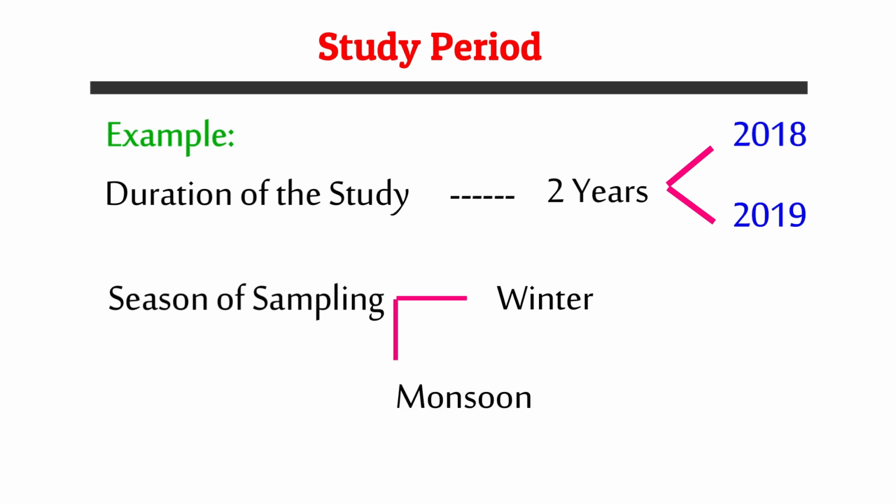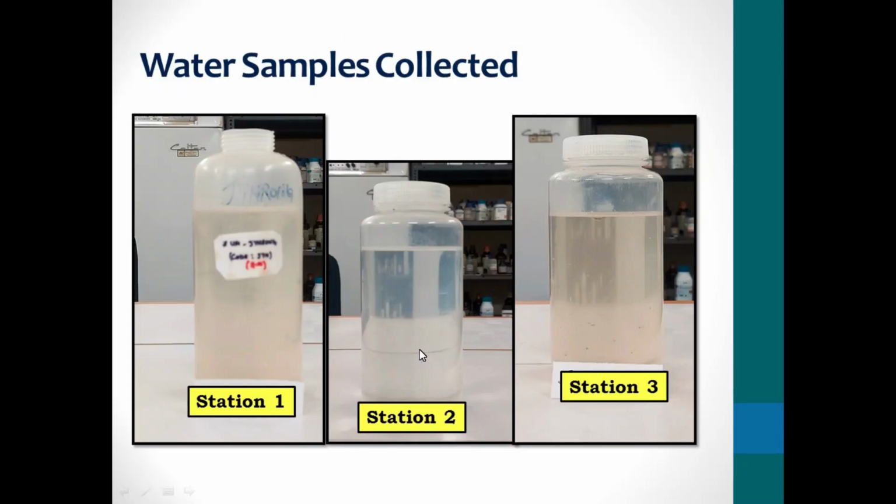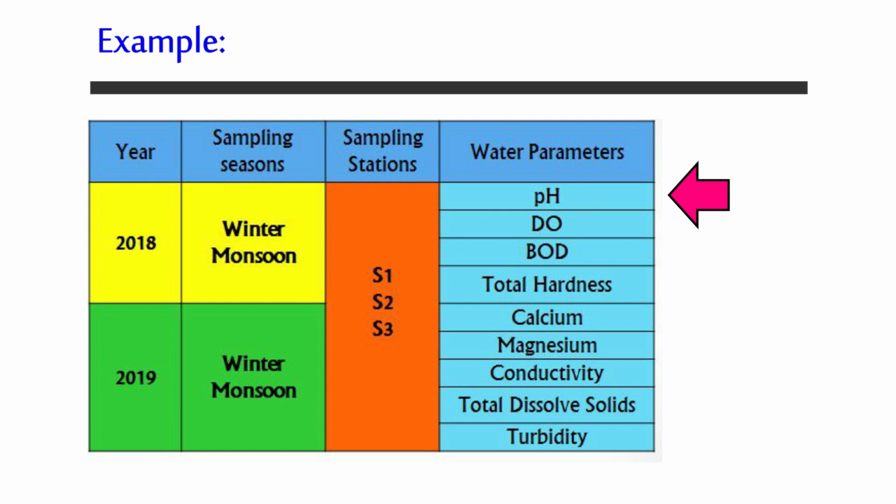Water samples for different sampling stations and seasons of sampling were collected and analyzed for various water physico-chemical parameters such as pH, dissolved oxygen, biological oxygen demand, total hardness, calcium, magnesium, conductivity, total dissolved solids, and turbidity.